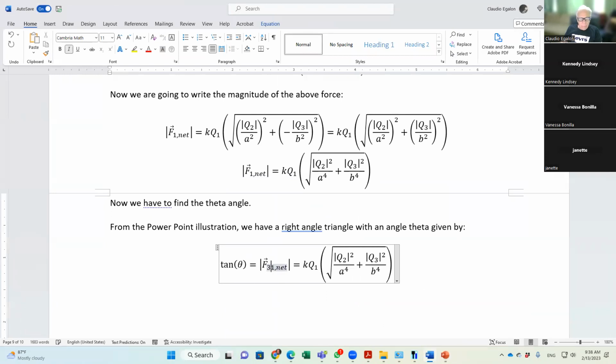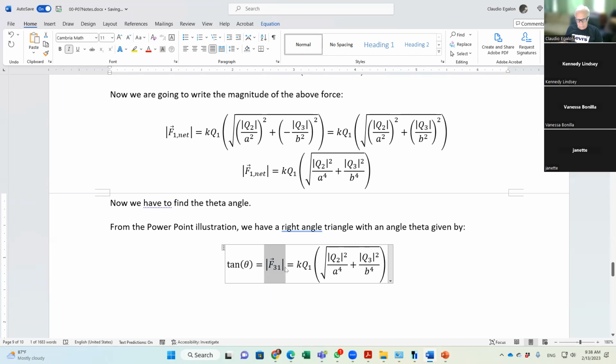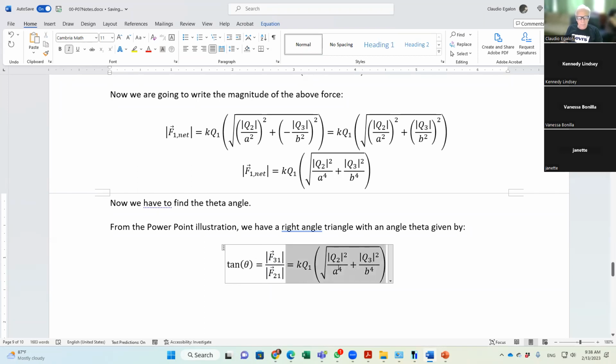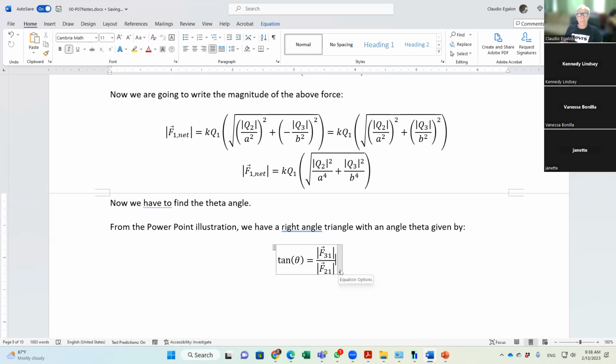Magnitude of F31 divided by magnitude of F21. Here. Okay, so here you go.